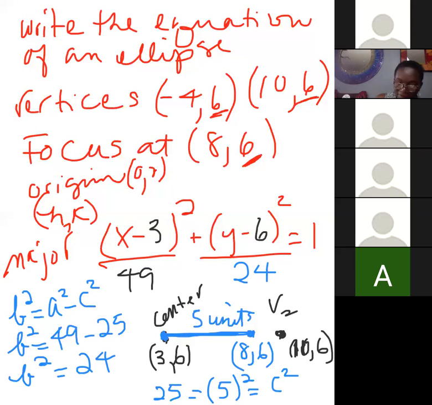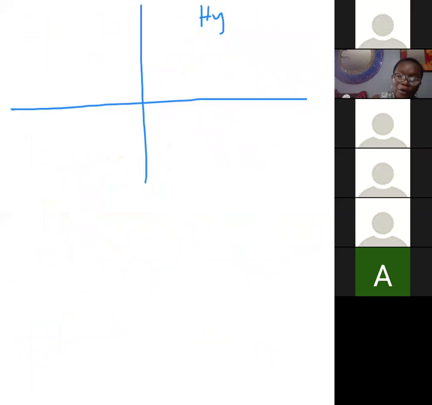All right, guys. So now we're going to talk about the hyperbolas. Hyperbolas, as in 2 parabolas. So I call them the super parabolas, okay?